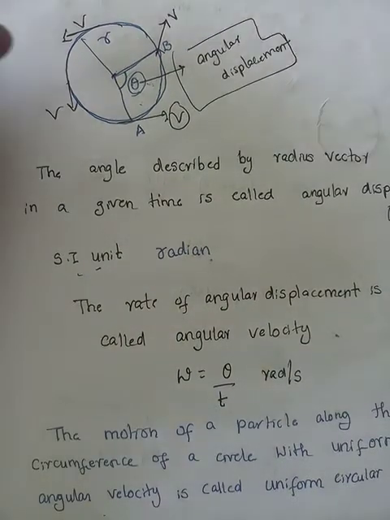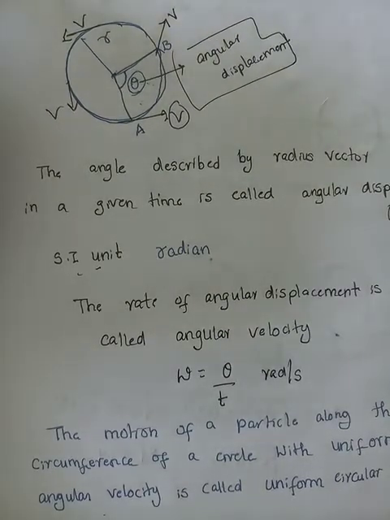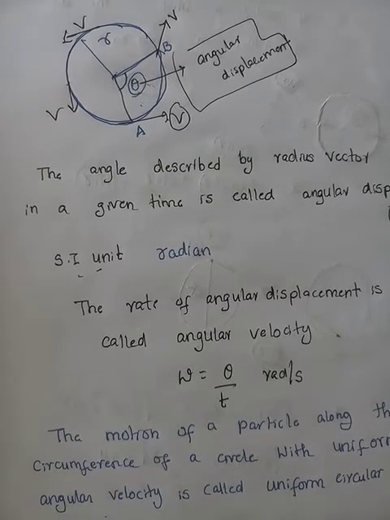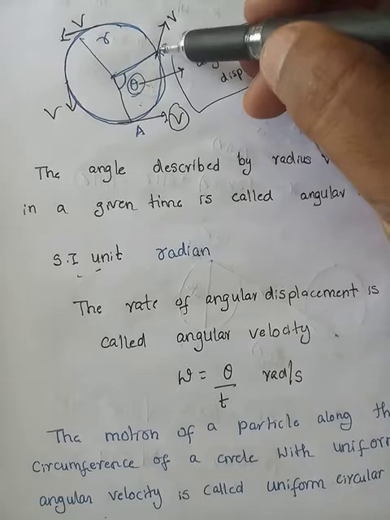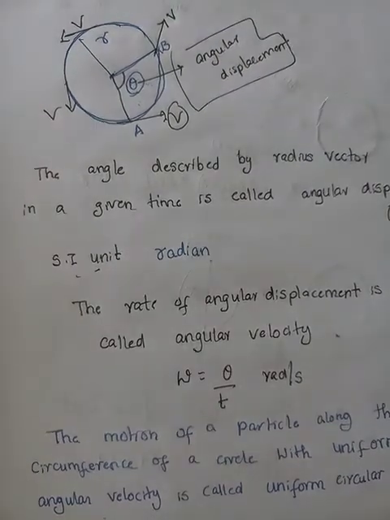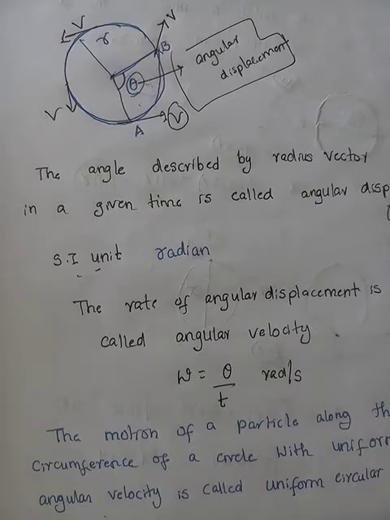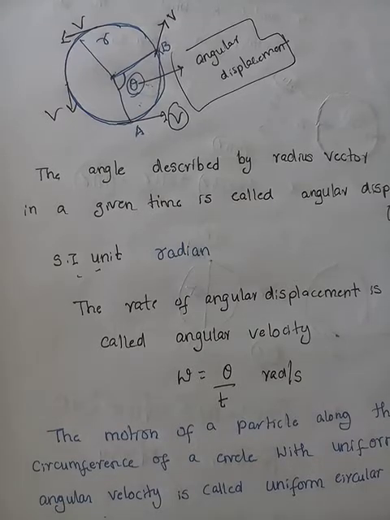The velocity direction of the particle at any point is drawn as a tangent. One point we should remember: in uniform circular motion the speed remains constant, meaning the magnitude of speed remains constant, whereas velocity changes.